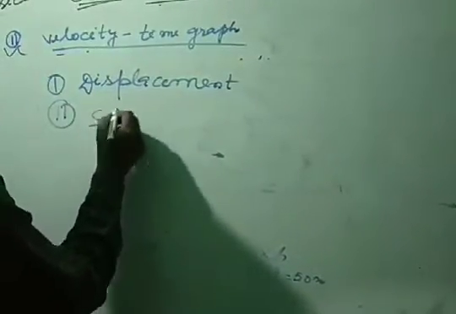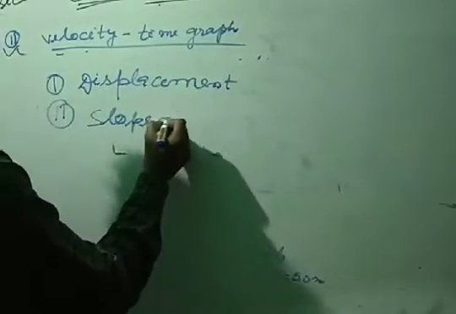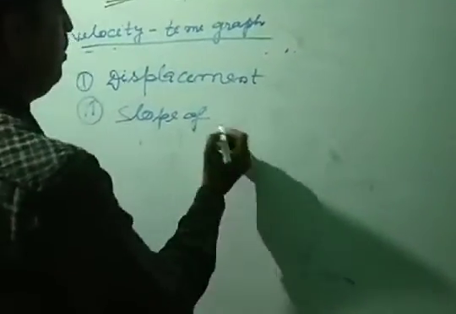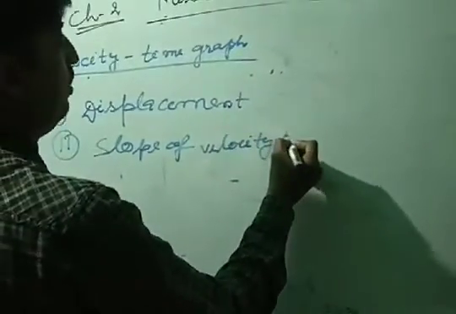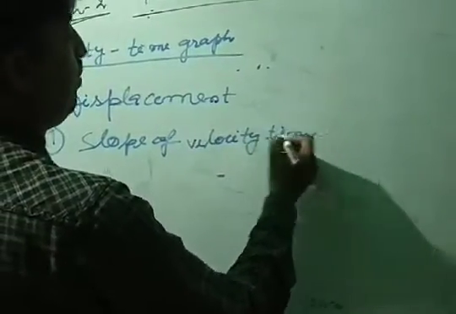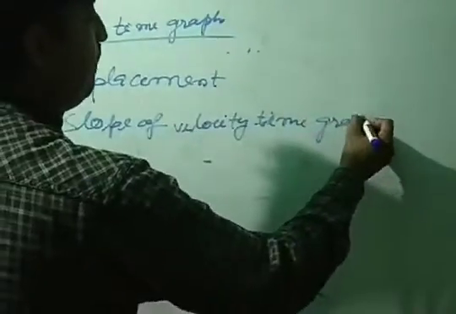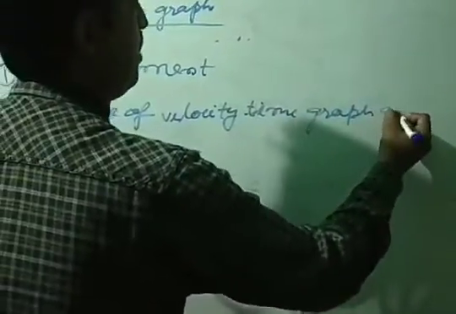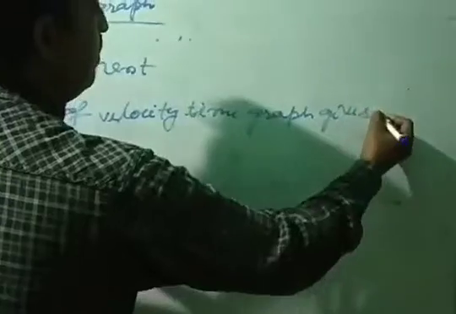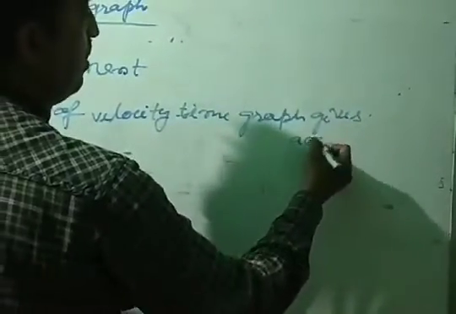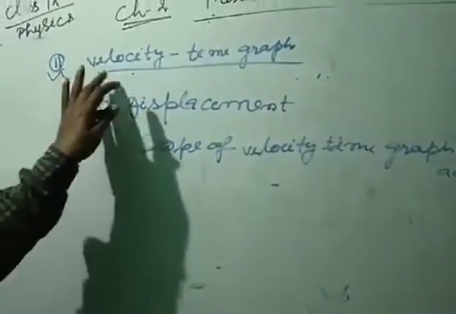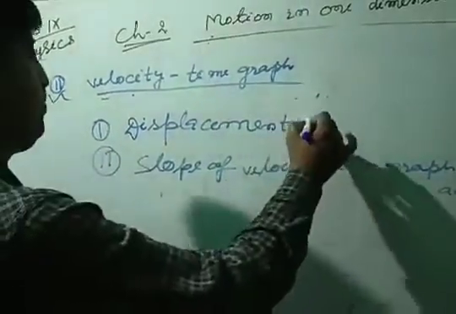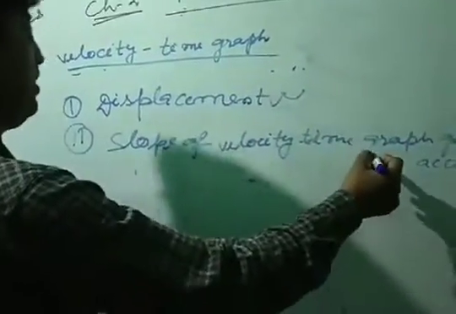The slope of velocity time graph gives acceleration. So two things can be obtained from velocity time graph. First, displacement, and second, acceleration.